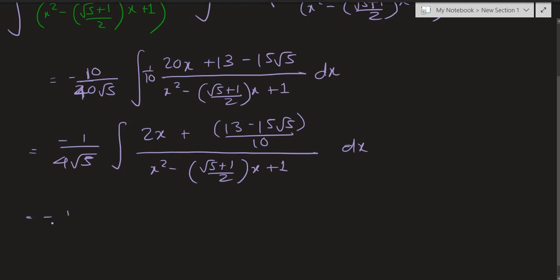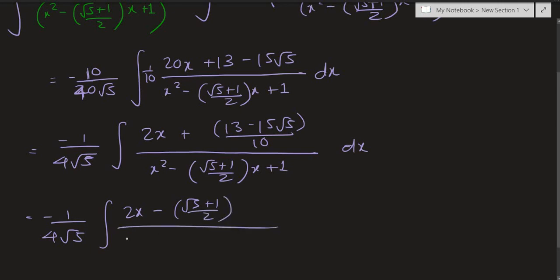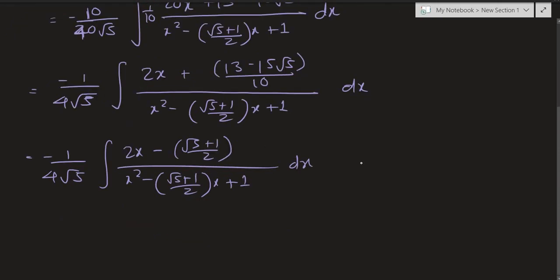So now we have negative 1 over 4 root 5 times 2x minus, let's subtract this term, so root 5 plus 1 by 2 divided by x squared minus root 5 plus 1 by 2x plus 1 dx. Since we subtracted this, we have to add that with this term. So this is going to be 18 minus 10 root 5 by 10. So that 10 will come down here.